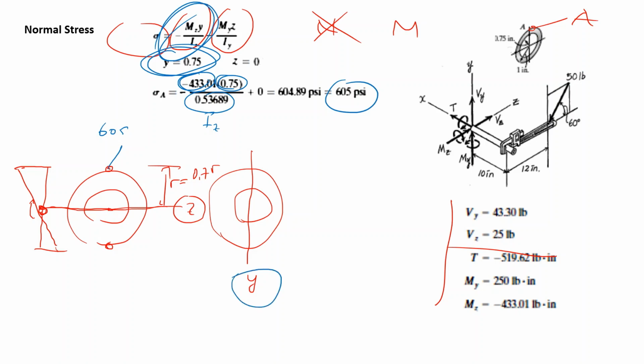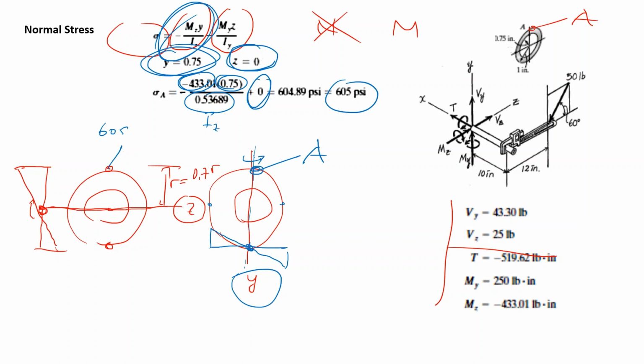When you apply bending around Y, your stress distribution will look like this. On the axis we have zero stress, and on the right and left ends we have maximum. But my point A is directly on the neutral axis, so its distance from the axis is 0, and we do not have any stress due to My.